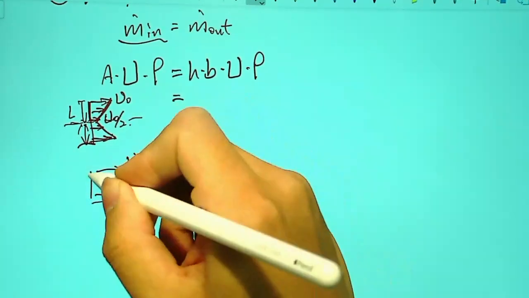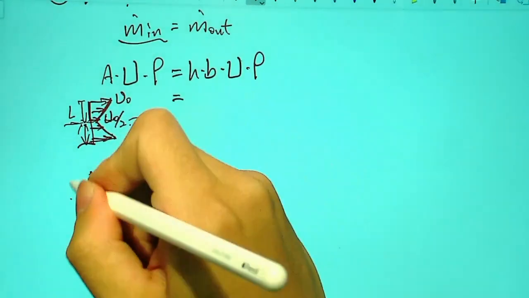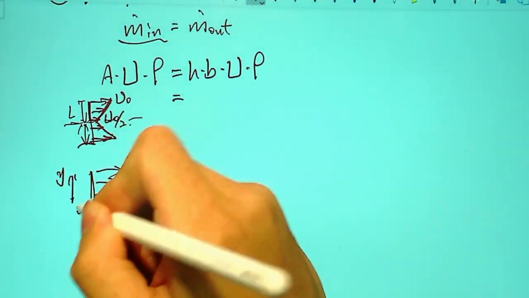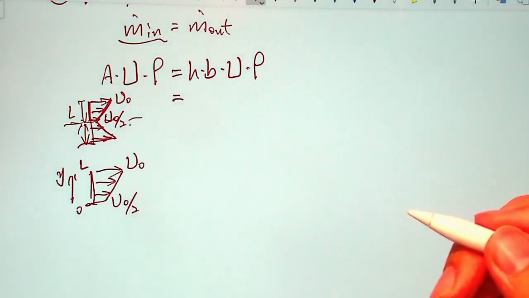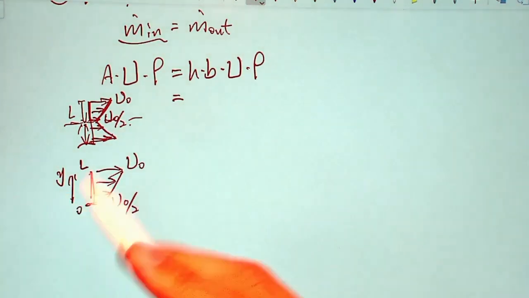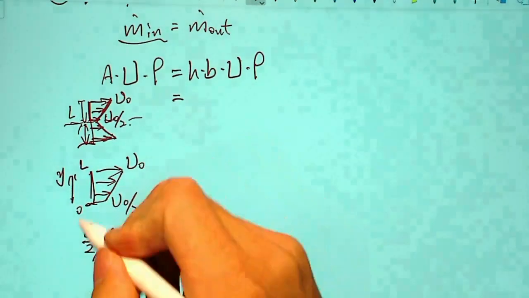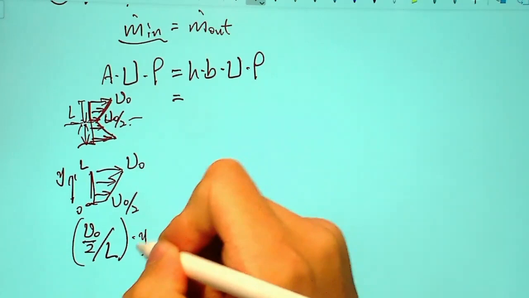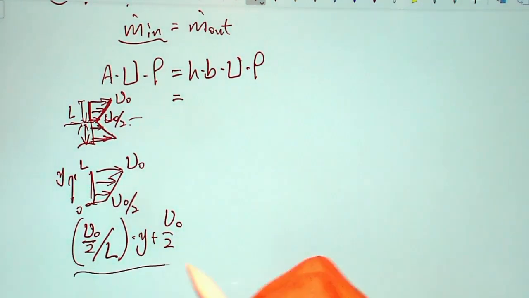We have Y, where here is 0 and here is L. So we can easily find the relationship between U and Y: U equals half U0 divided by L times Y plus half U0. So far, is it clear? Any question? No? Okay.